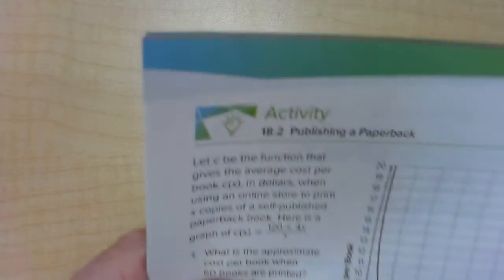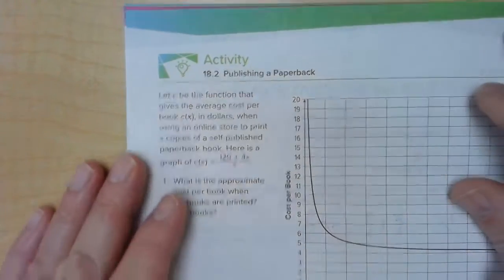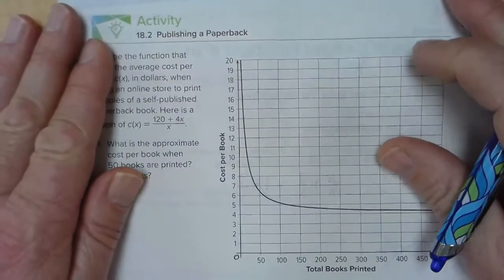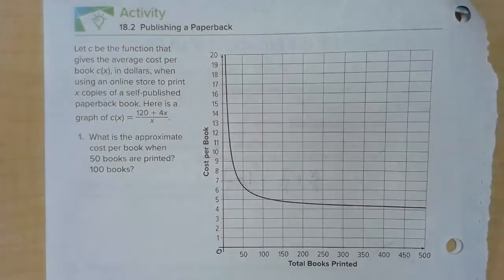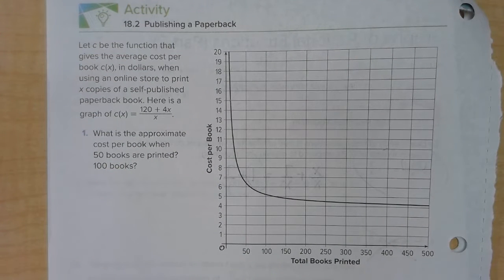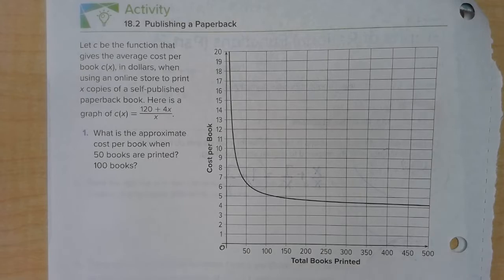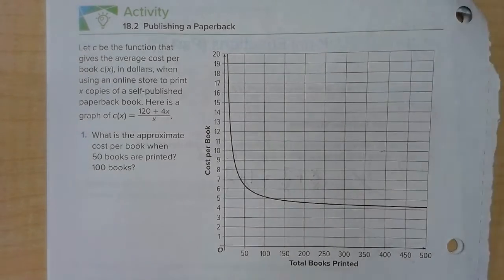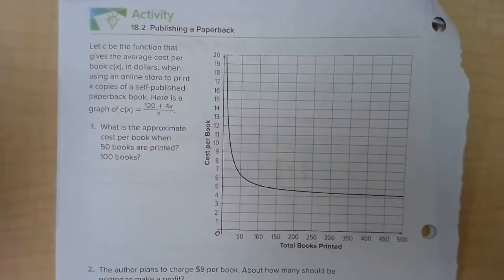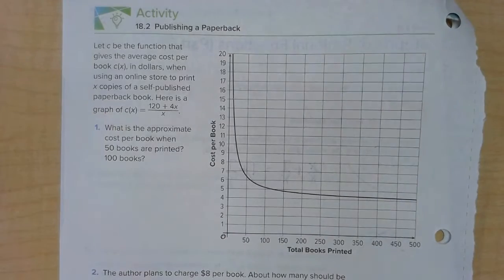All right, so now we go to this problem right here, and it talks about publishing books. So if you know anybody, I've known a couple different people that have printed books to sell. The first one that comes to mind is our previous mayor, Drew Hastings. He's written a book, and so you have to have them printed and all that good stuff.